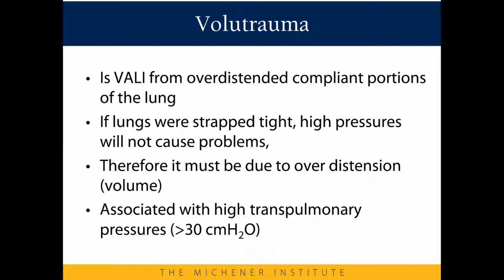And so naturally, the gas is going to want to flow to the easiest route, which is our normally compliant lung. So they might actually take on more volume than we expected. And so again, it's not just in our settings, but also just the nature of having normal lung with diseased lung. The normal lung can take on too much volume and get over-distended and damaged.